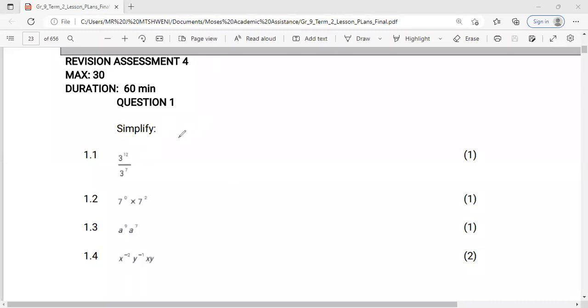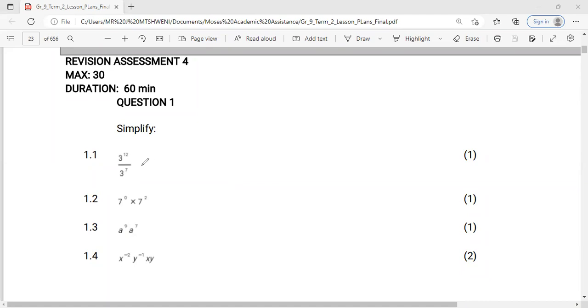So here, what do we have? We have 3 to exponent 12 divided by 3 to exponent 7. What does it mean? It means we're dividing powers of the same base. So what do we do? Whenever we divide exponents, we subtract the exponents.